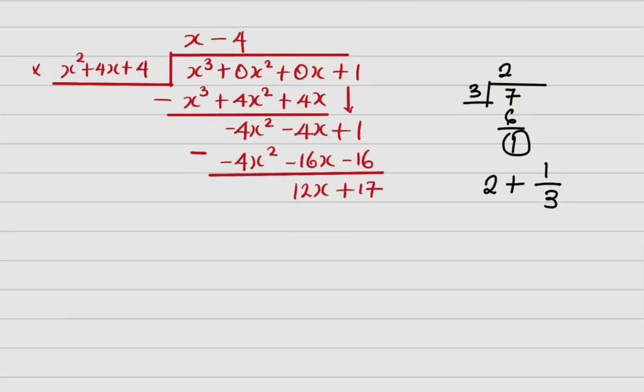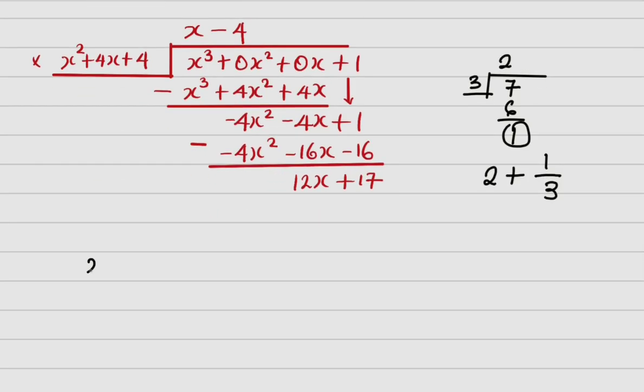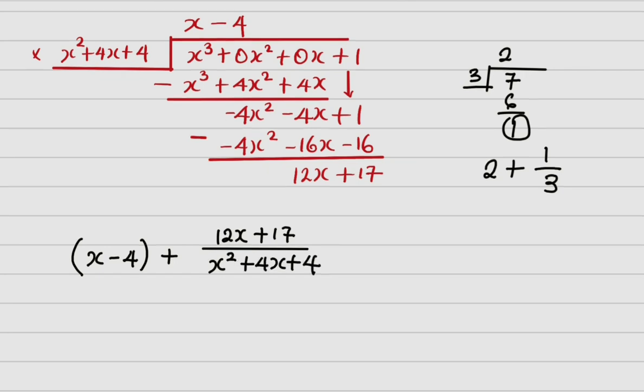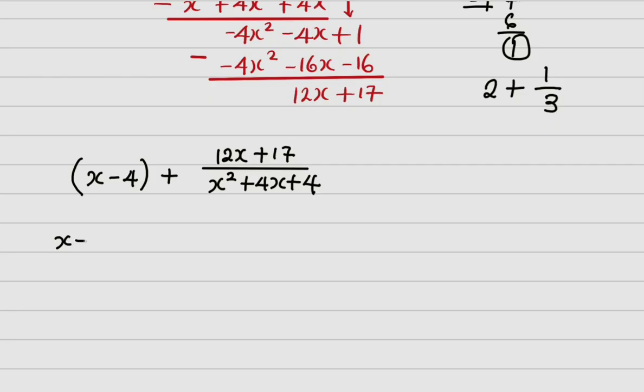So therefore, this will become x minus 4 whole number plus the remainder, which is 12x plus 17 all over x squared plus 4x plus 4. Now, do not forget, this is x minus 4 plus 12x plus 17, then all over x plus 2 all squared.